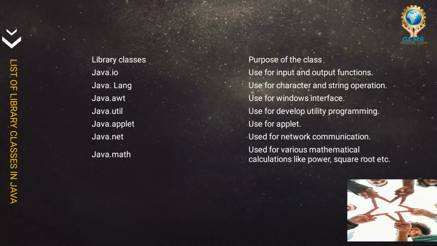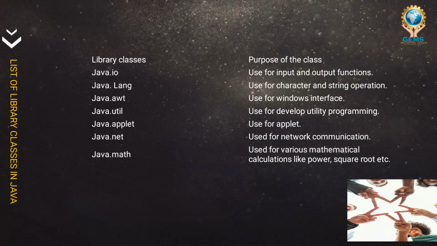So my dear students, try to understand and observe. These are the examples of library classes in the Java programming language: Java.io, Java.lang, Java.awt, Java.util, Java.applet, Java.net, Java.math. Each and every library class is used for different functions and different purposes.